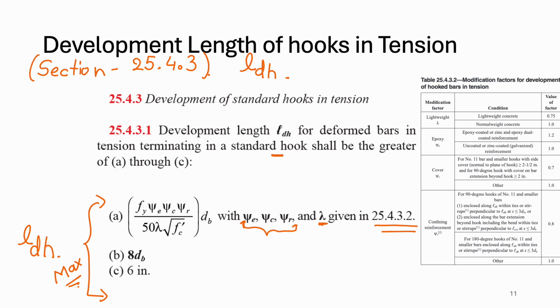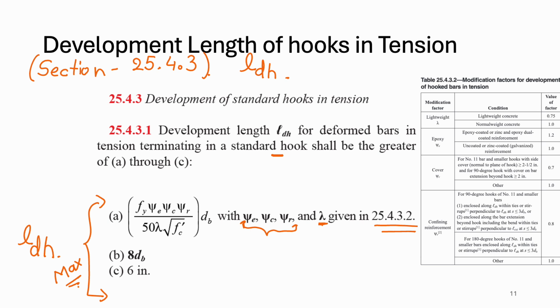This is how to determine the hooks in tension. Again, for development of standard hooks in tension, you need to find Ldh. You have 3 equations, and you can notice that the terms Psi are given. And again, you have here a table, 25.4.3.2.